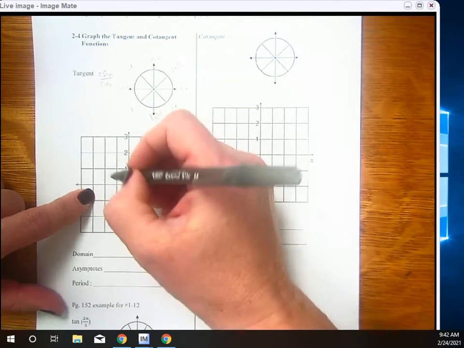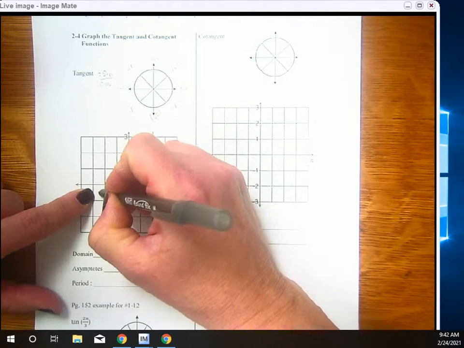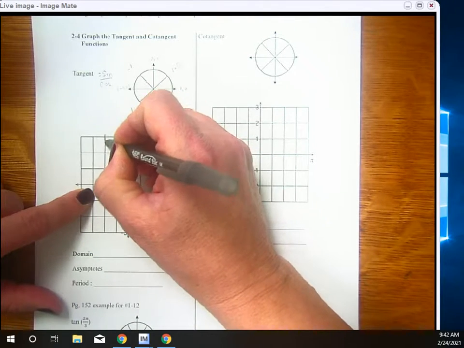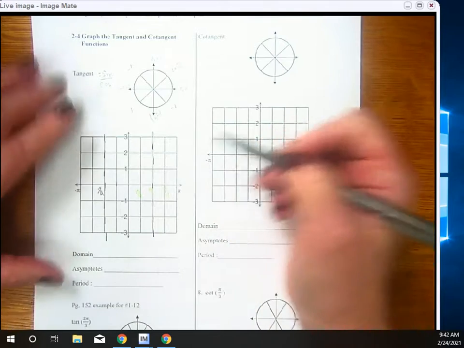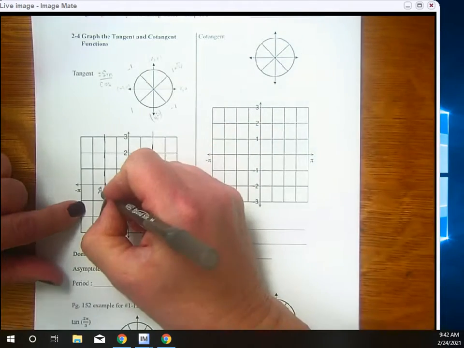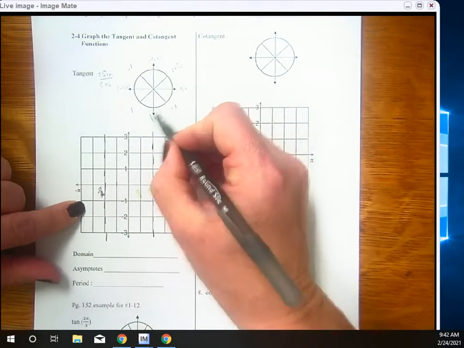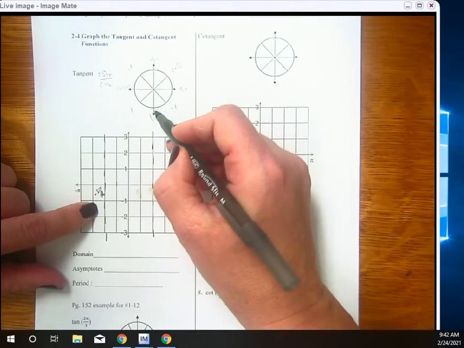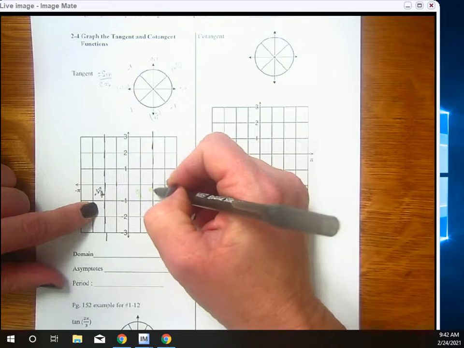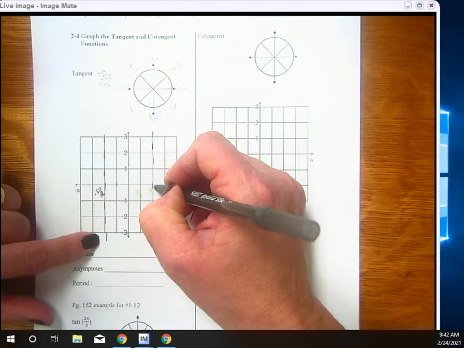At negative pi over 2, sorry, or 3 pi over 2, we are going to have another asymptote.